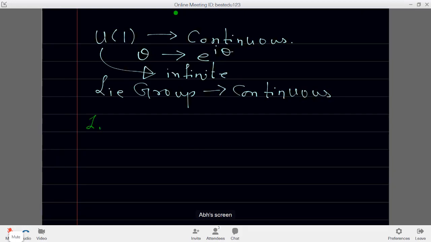So let me write. Lie groups are smooth manifolds. We will understand what we mean by smooth manifold as we go along the class. Lie groups are smooth manifolds endowed with a group structure.